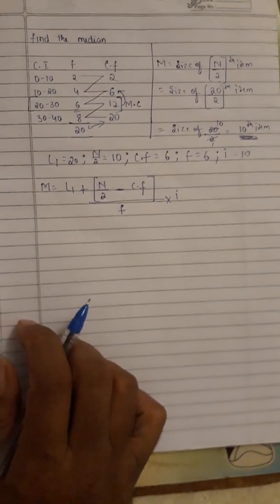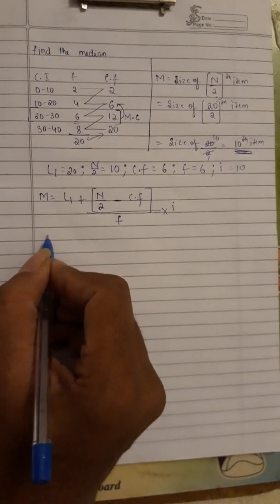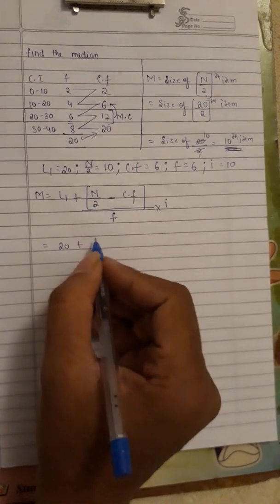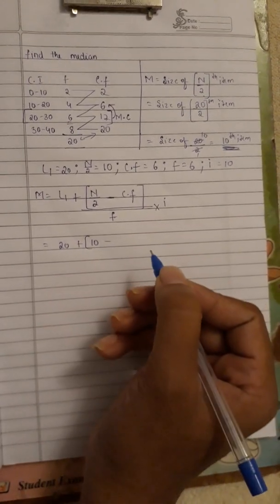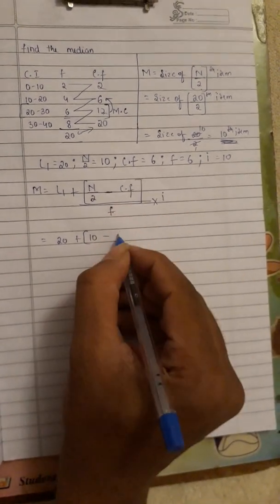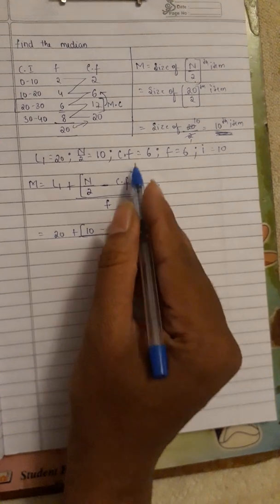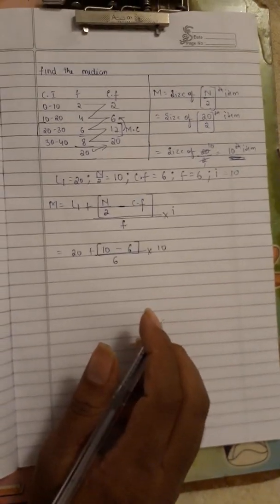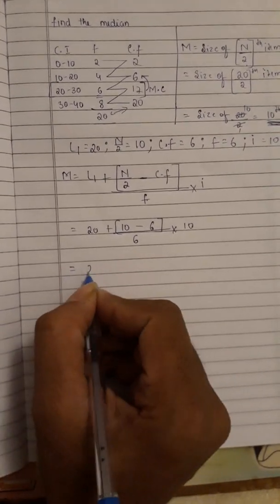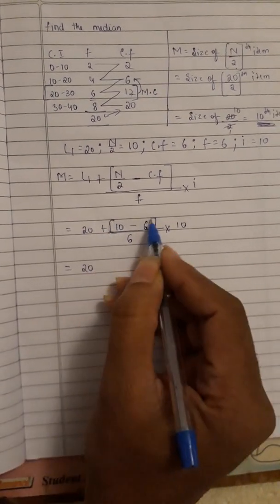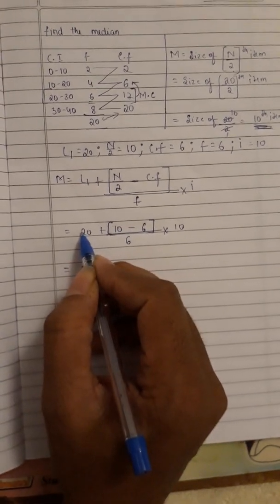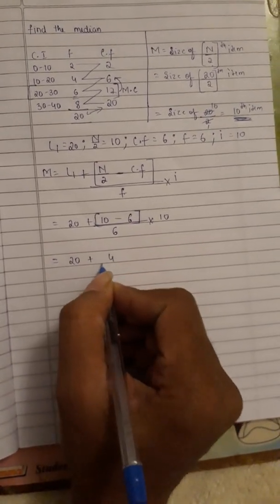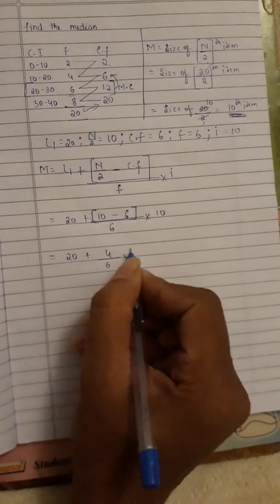Now we have all the values, so we'll apply them to the formula. L1 is 20 plus n divided by 2 is 10, minus cumulative frequency of the previous class 6, divided by frequency 6, into i, which is 10. Now we simplify. First we solve what is in the bracket; we should not multiply 10 with this, nor add 20 with this. 10 minus 6 is 4. 4 divided by 6 into 10.